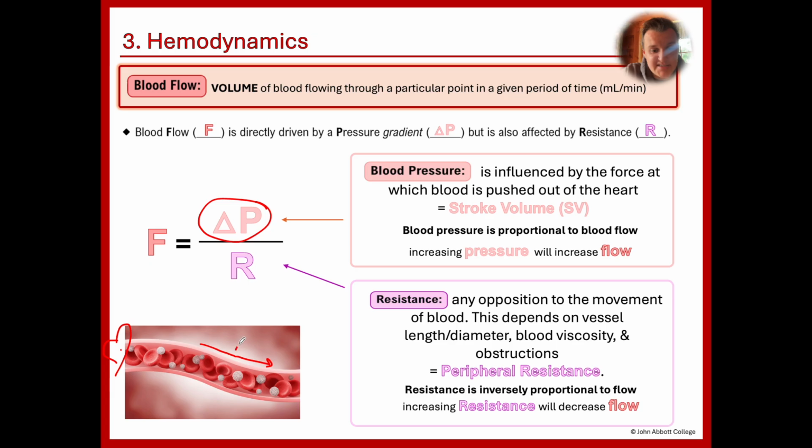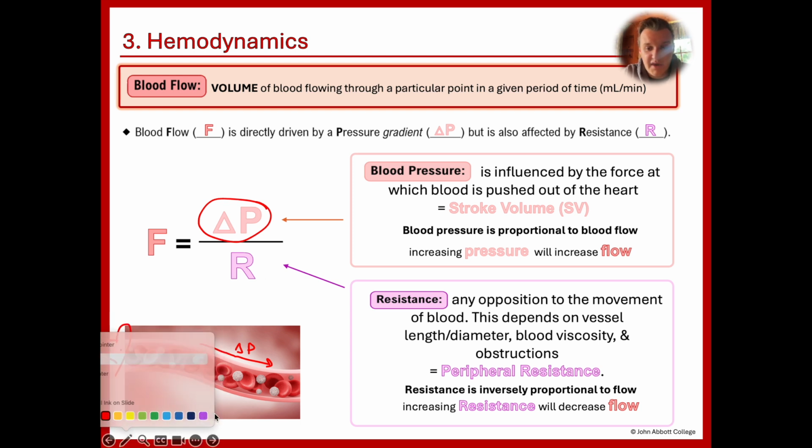This is my delta P, my change in pressure thanks to my heart. Resistance, on the other hand, is anything that stops the blood from moving in this direction, right? So this depends on the vessel length and diameter.